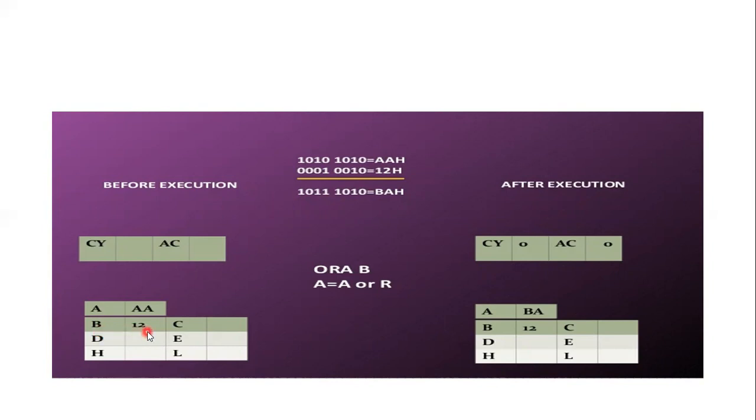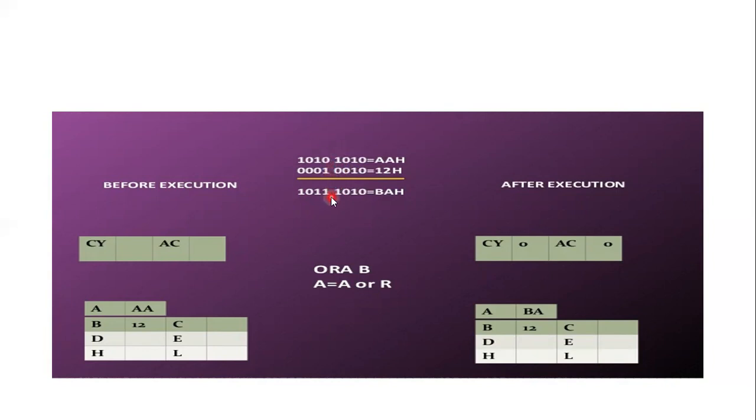Suppose the register B has the value 12 and the accumulator A has the value AA. That is A is 1010, A is 1010, then 12 is 0001 and 0010. Now the instruction ORA B, that is A OR B. 0 or 0 is 0, 1 or 1 is 1, 0 or 0 is 0, 1 or 0 is 1.